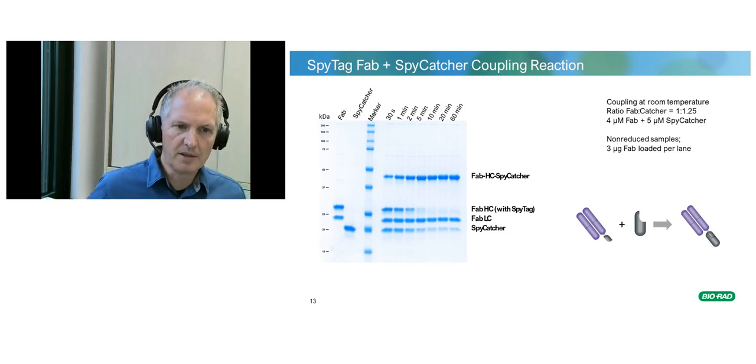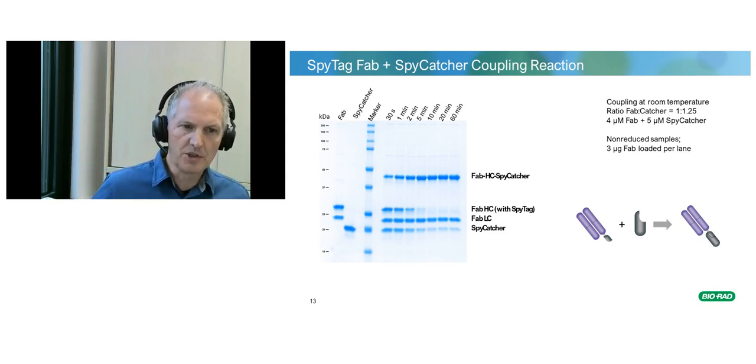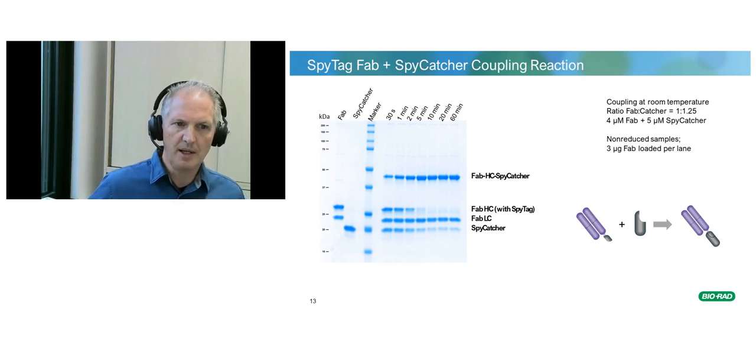So here's a slide with a Coomassie gel, which shows the SpyTag SpyCatcher reaction. So in the first lane is the Fab with the heavy chain on top with the SpyTag, and below the light chain. Next to it, the SpyCatcher. And then if we mix these two, then after 30 seconds already, we see the ligation product.